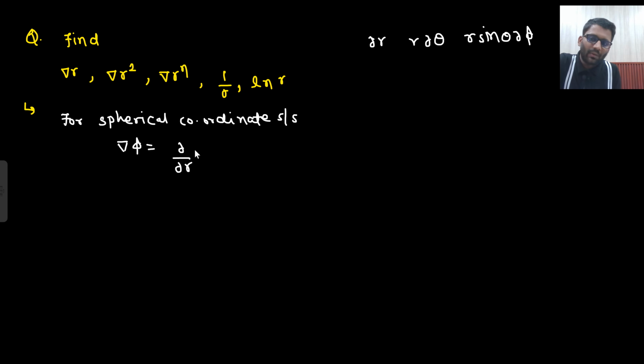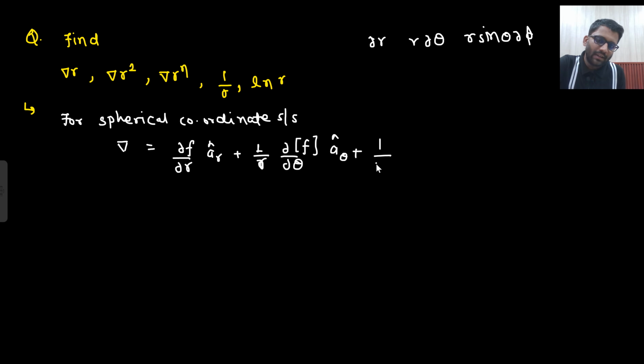So from here you can write down a_r cap plus 1 by r d by d theta, and then a_theta cap. Here phi will also come, so let's take the function to be f, and then 1 by r sin theta.